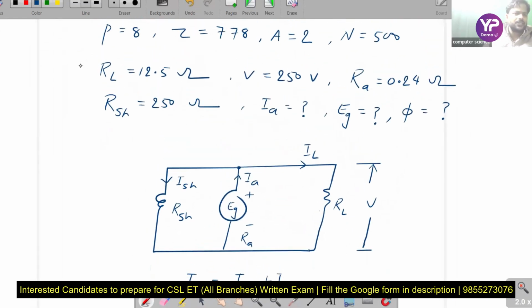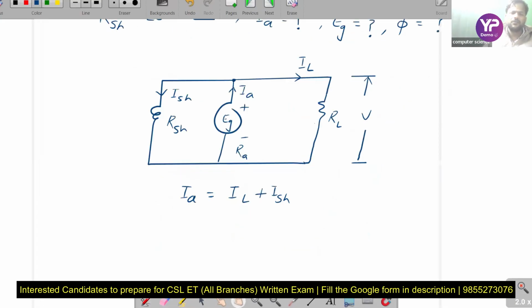Here RL is given, and the voltage across RL, the terminal voltage, is given. We know voltage V is equal to the product of current and resistance.